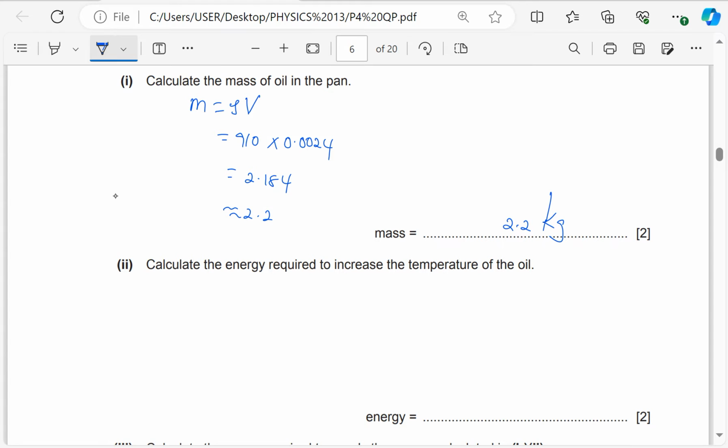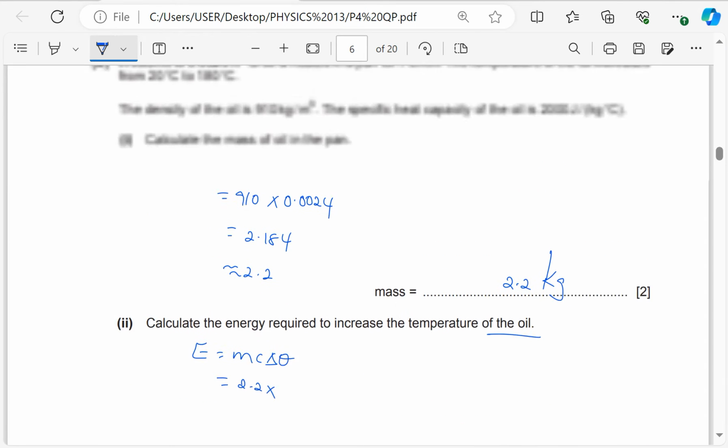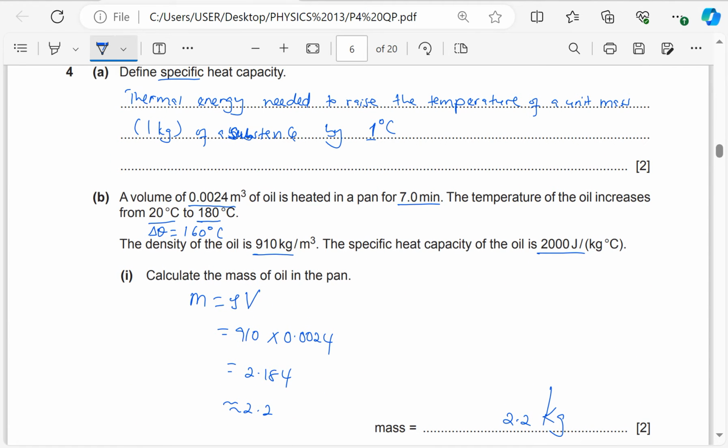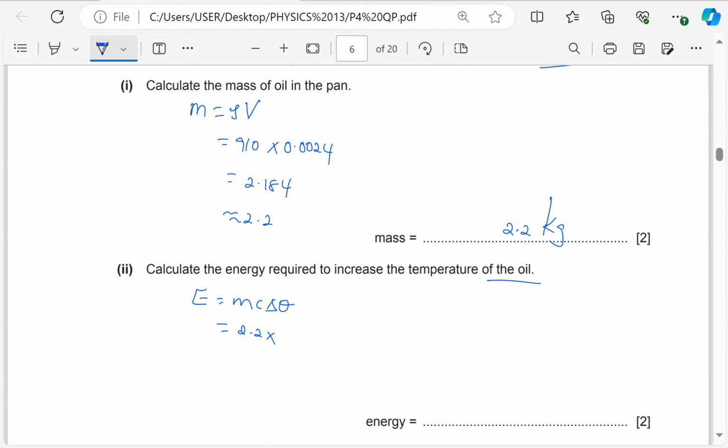Then calculate the energy required to increase the temperature of the oil. So we know that energy required is equal to mc times change in temperature. So the mass is 2.2. Specific heat capacity is 2000.